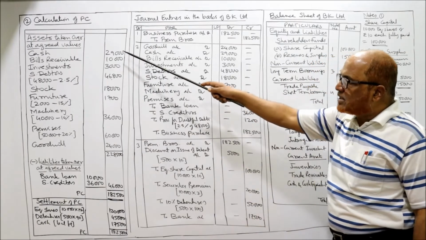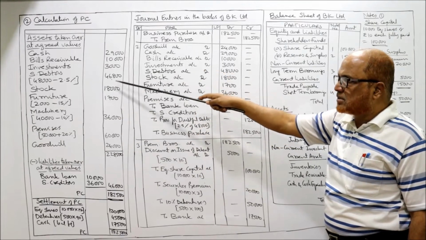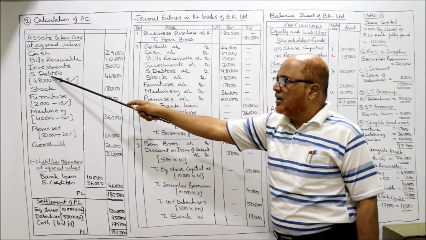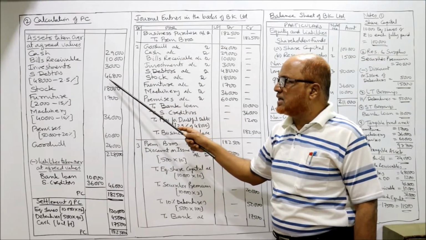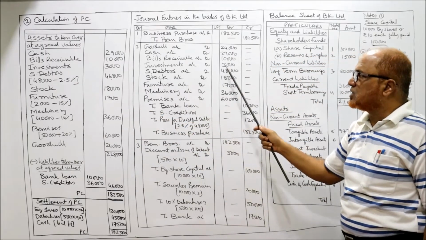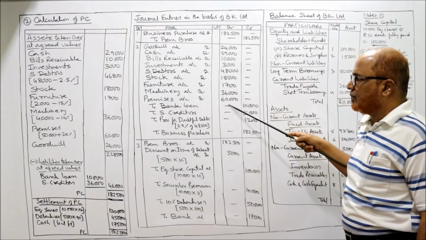The agreed values of all assets are here. We will take all the agreed values except one, debtors. Debtors should not be taken at 46,800. Debtors should be taken at 48,000. So sundry debtors 48,000. All the remaining assets are taken at the same values.